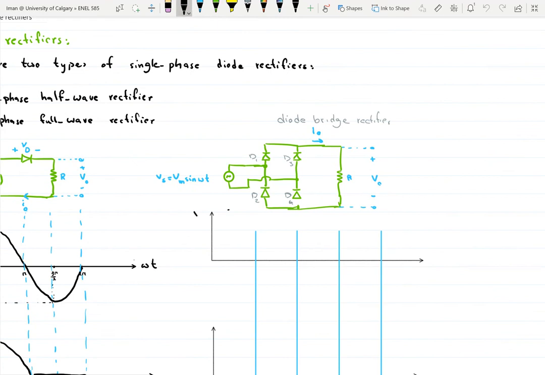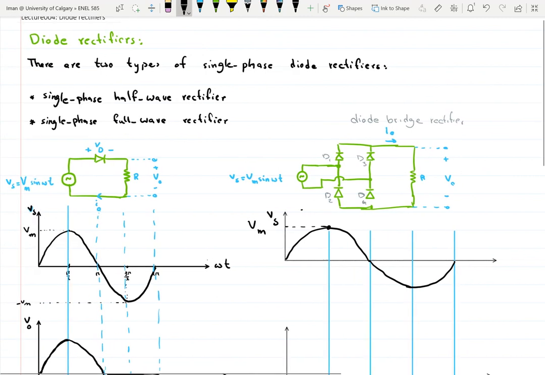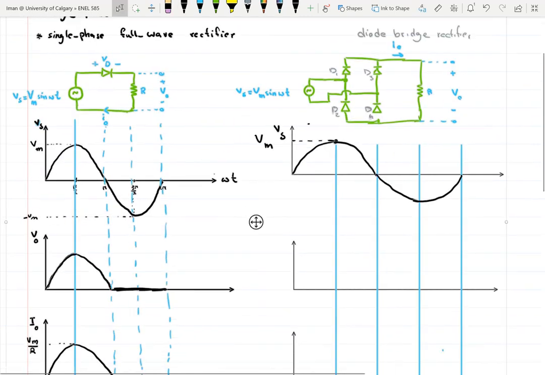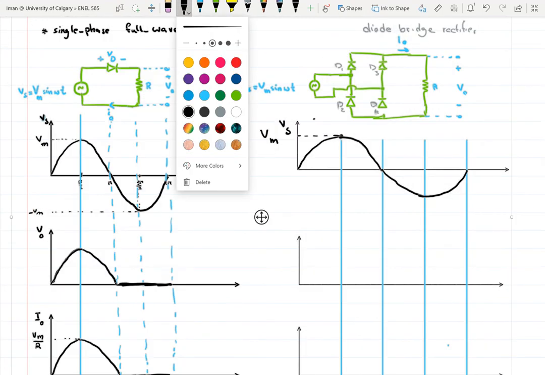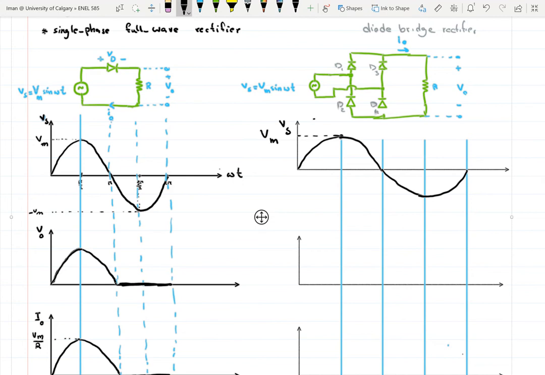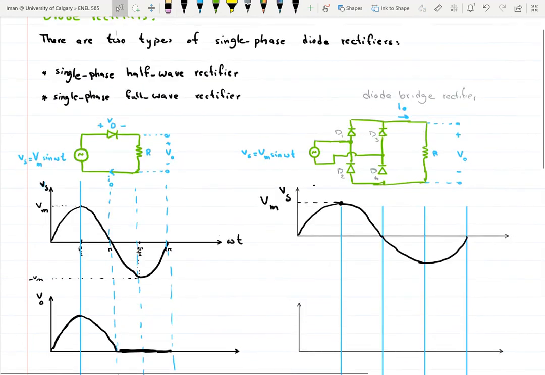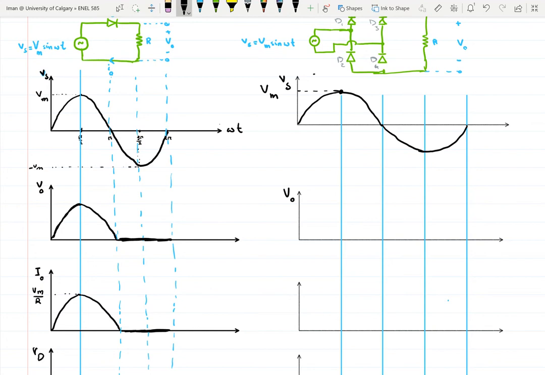Okay, so Vs is a sinusoidal with a peak amplitude of Vm, right? So something like this. So the same thing that we had here. And then V out this time would be a rectification.